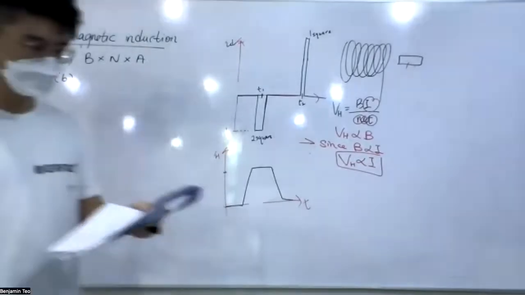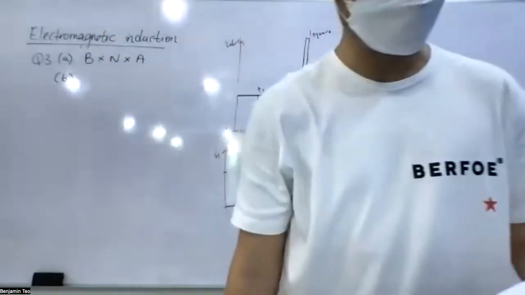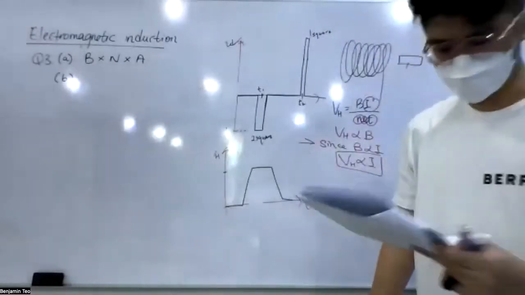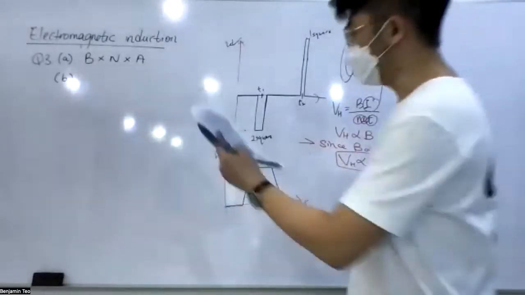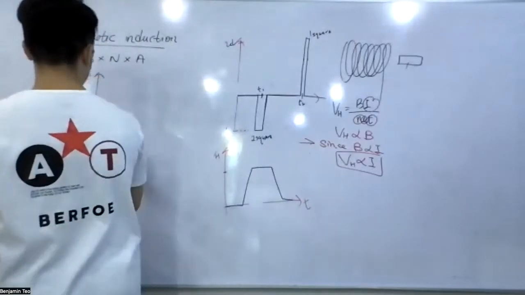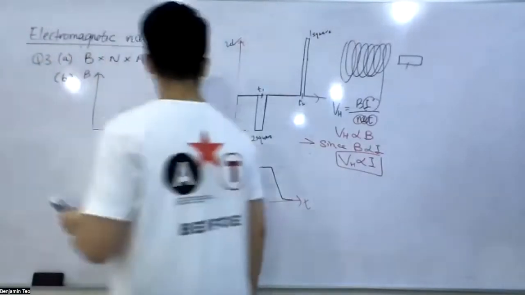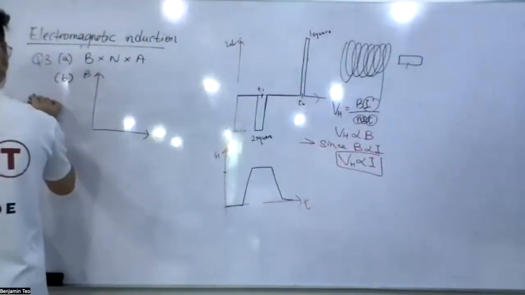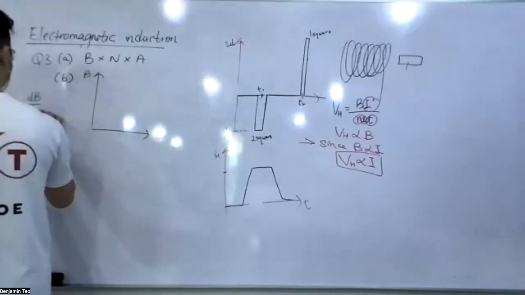Okay, question 3b. A solenoid of diameter 6 cm and 540 turns is placed in a uniform field. Okay, so that's the graph. Now, again, you are given what graph is that? Flux density graph. That's the B against t. What's the relation? EMF is proportional to dB/dt.